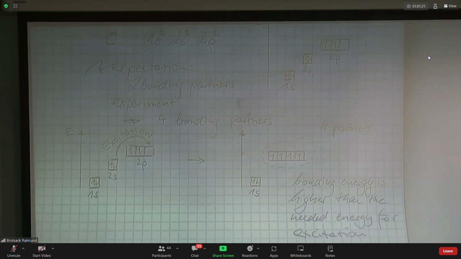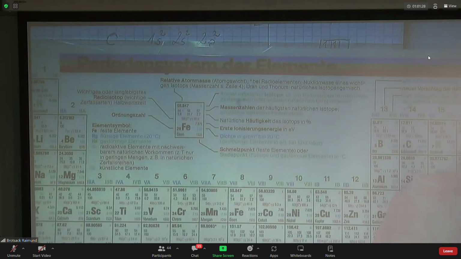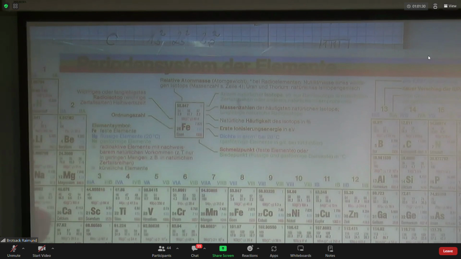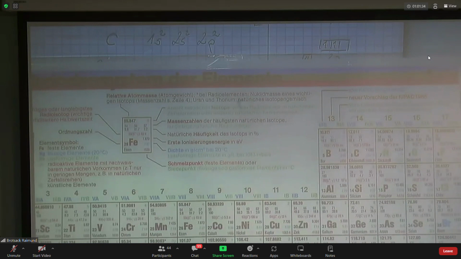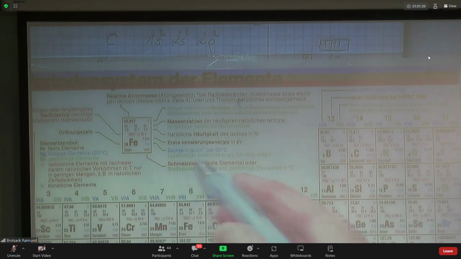And that means, in the second period, please remember, we have periods and we have groups in the periodic table. We are now in the second period. First is just hydrogen and helium. Second, here we find carbon.